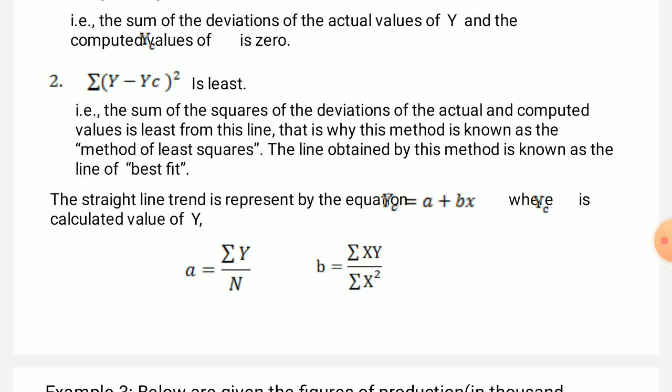The straight line trend, or first degree parabola, is represented by the equation yc equals a plus bx, where yc is the required trend value, x is the unit of time, and a and b are constants or unknowns.